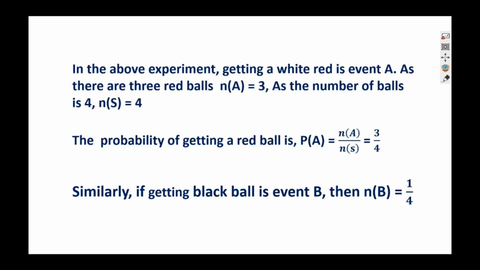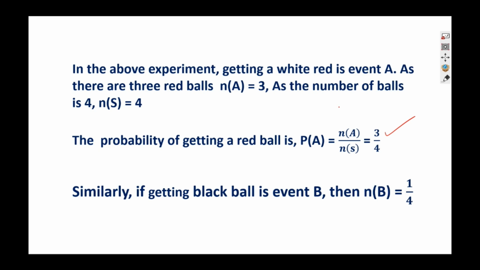Let us think about this case, which was about red balls and a black ball. The probability of getting a red ball, according to this formula, number of sample points in the event upon number of sample points in the sample space, we write as 3 upon 4. What is 3 over here?